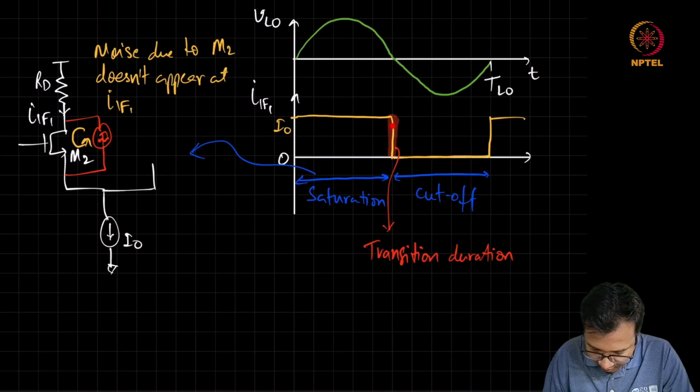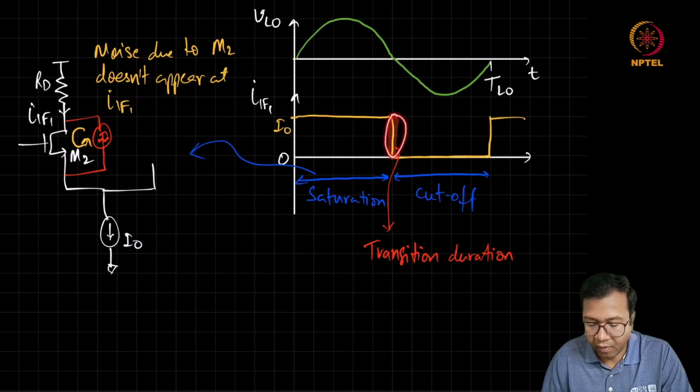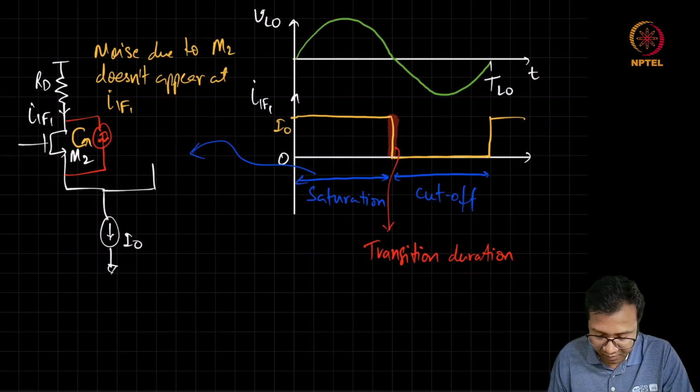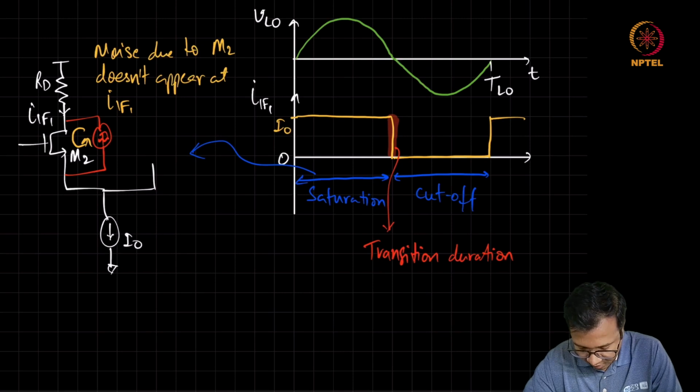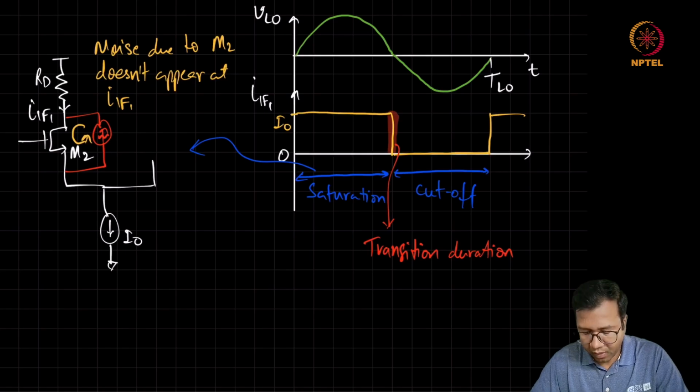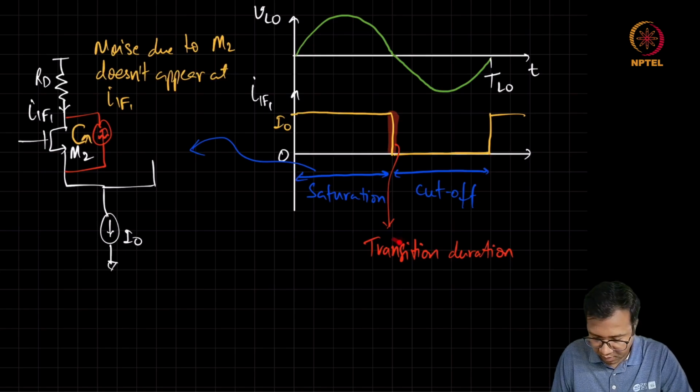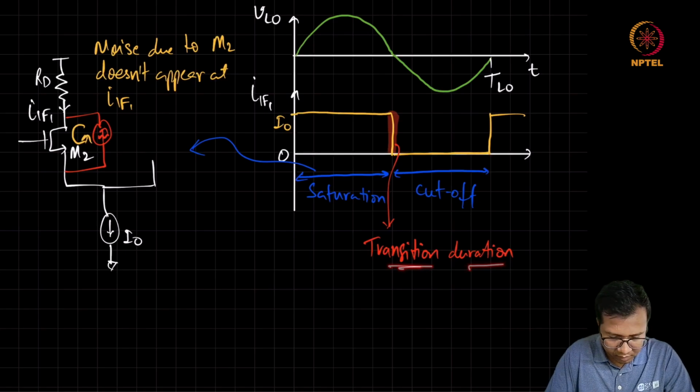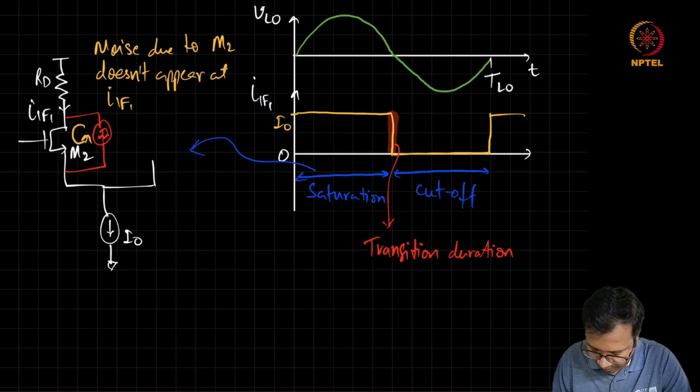So the only other region we are left with is this transition region, and during this transition region we can try to analyze the effect of noise in a slightly different way. Now looking at this transition duration, we can just talk about this M2 and M3.